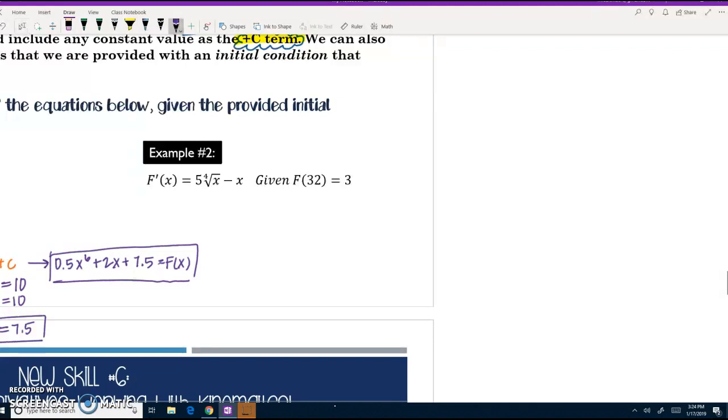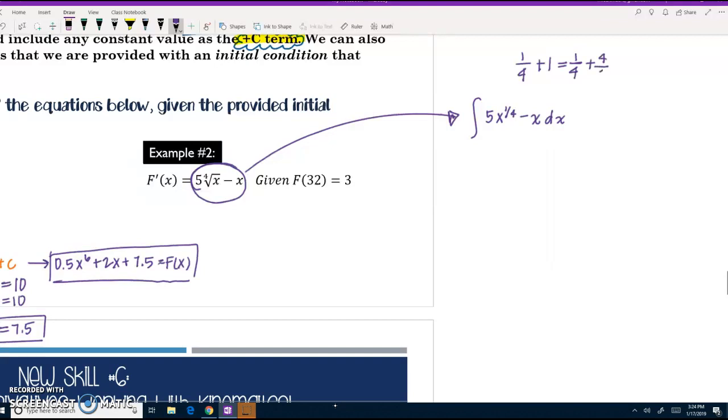So with this example, we want to go ahead and rewrite this function before we integrate. So if I bring it over here, I'll have the integral of 5, and I'm going to rewrite the fourth root of x as x to the 1/4, and then I've got minus x dx. So I'm going to be adding 1 to 1/4, which is the same thing as saying 1/4 plus 4/4.